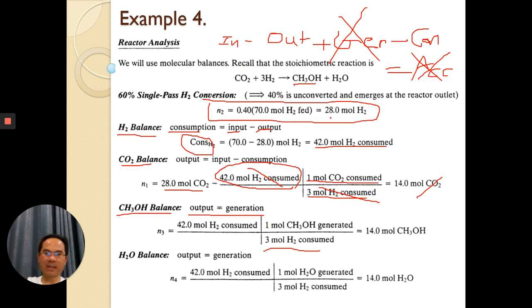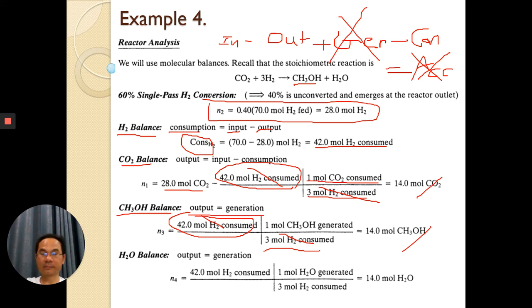From the reaction, 3 mole hydrogen consumed equals 1 mole methanol generated. You know 42 mole hydrogen was consumed. The mole hydrogen consumed cancels, and you get 14 mole of methanol.